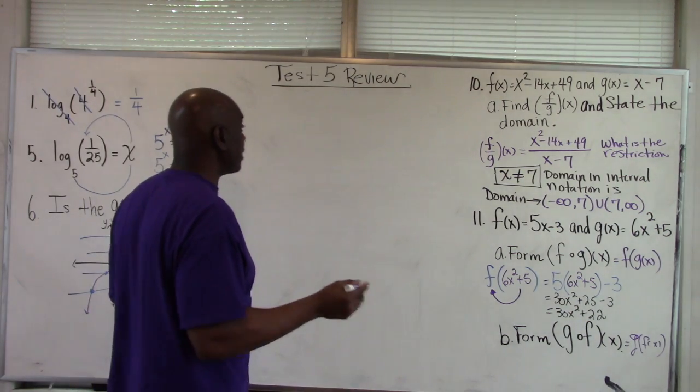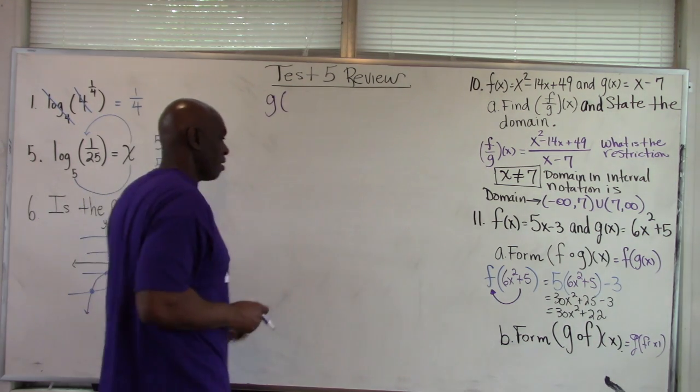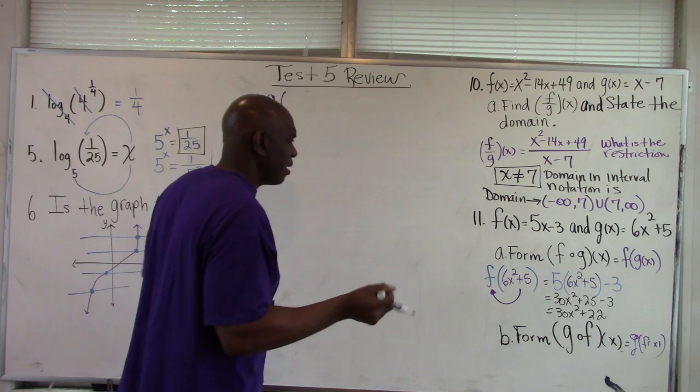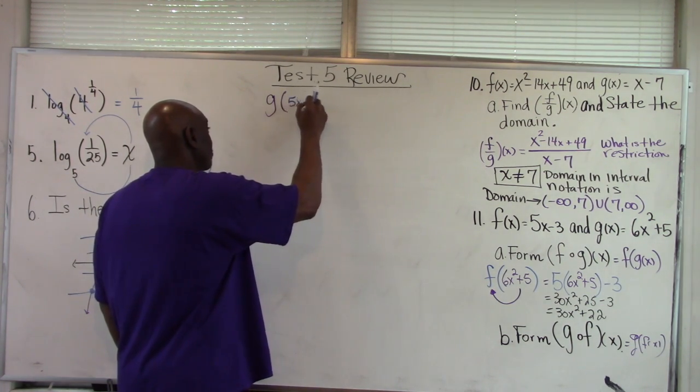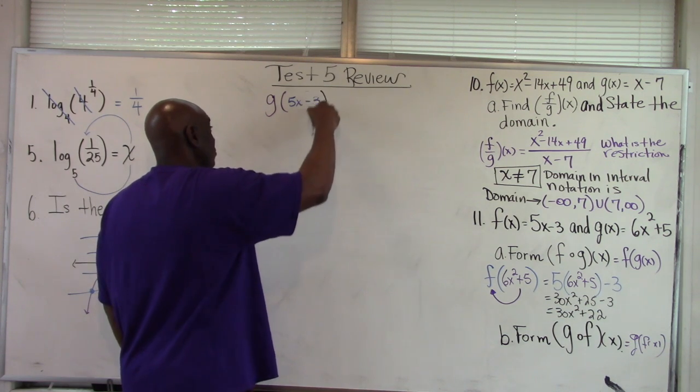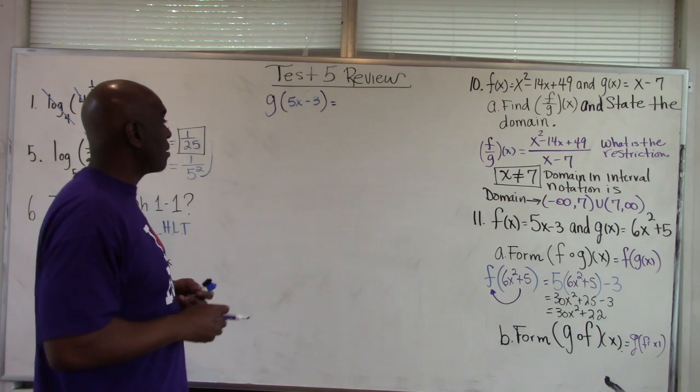The gof says that g of, or what is f? f is 5x minus 3. And what does that equal? Alright, let me see here now.